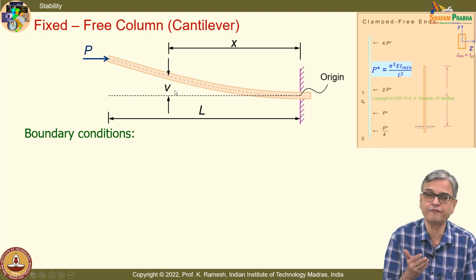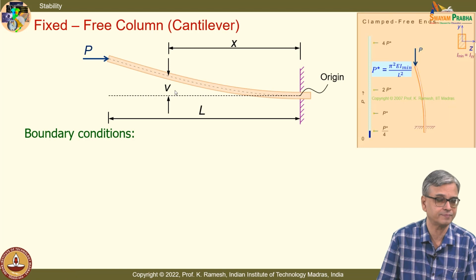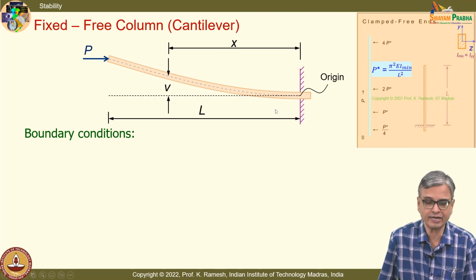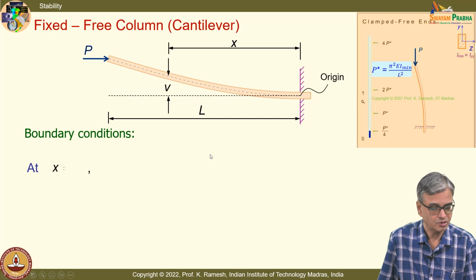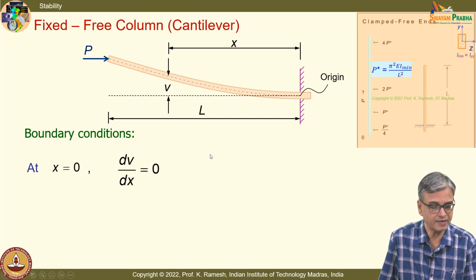I have 4 constants, so I need a minimum of 4 boundary conditions to solve. Here you can write the boundary conditions very easily based on the deflection V. What happens to V here? V is 0 here, and the slope is also 0. So, at x equal to 0, dV by dx equal to 0, and the deflection is also 0.